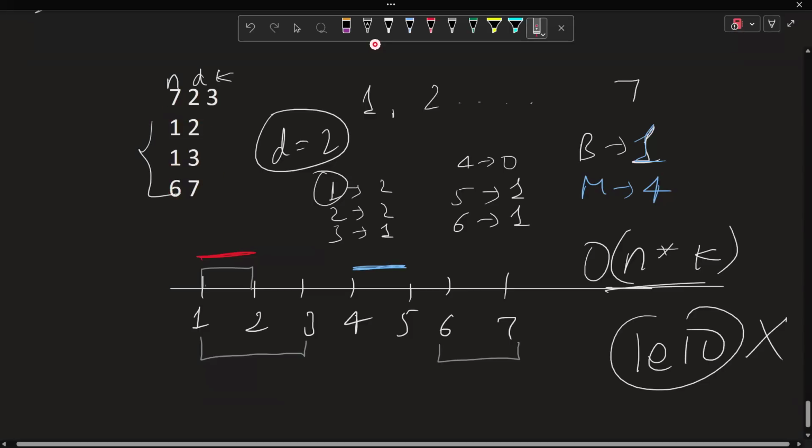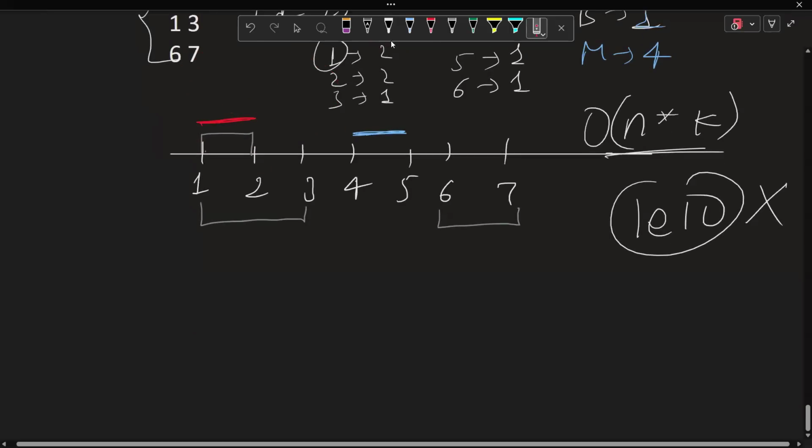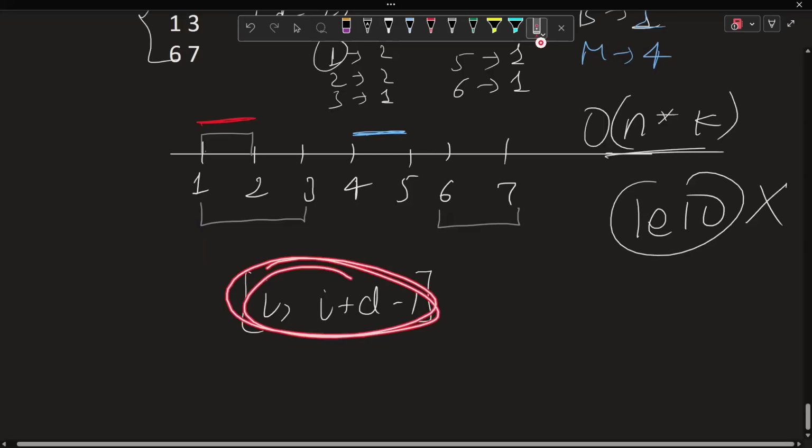Now, while moving one by one, when we are at the ith position, we need to check how many jobs are overlapping from i to i plus D minus 1. So we need to check how many jobs overlap with this range.